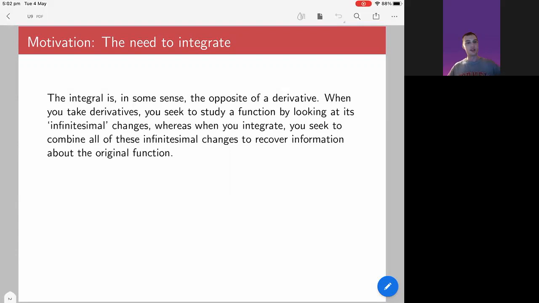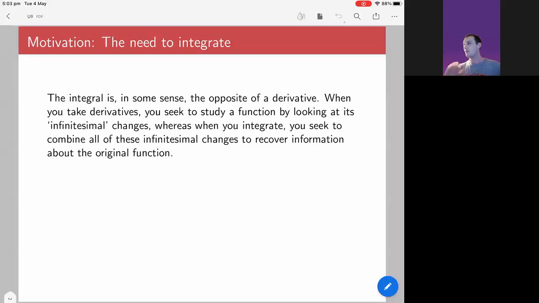Integration is the opposite, in the sense that while derivatives involve breaking things down into little tiny pieces and studying those pieces instead, integration takes all of these tiny pieces, tries to combine them together, hopefully to recover the original function. So what's an actual concrete application of this?